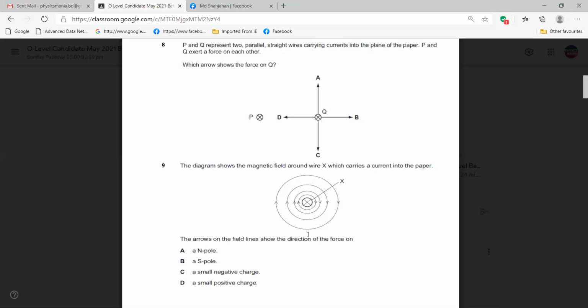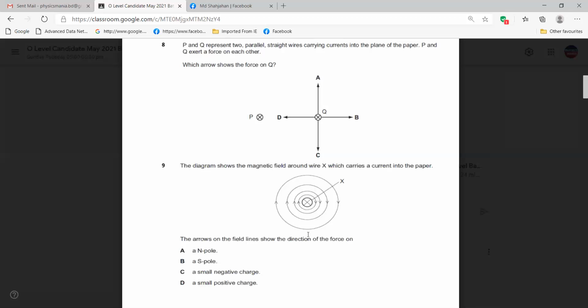Now, this direction is similar to the direction of the North Pole, right? We got in the first rule of field lines that they start from the North Pole and end at the South Pole. And also, just in question number 4, the direction of the needles in the compass is showing you the direction of the North Pole, right?